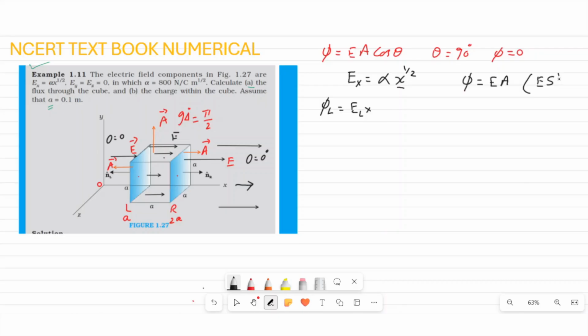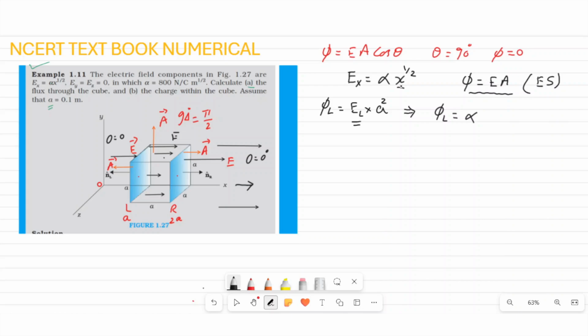So the electric field for the left surface is multiplied by the area of the left surface. This is a cube of side A, so the area will be A square. Move further. The flux for the left surface is equal to, now what will be the electric field for the left surface according to this formula? This will be alpha into the distance of the left surface, which is A raised to 1/2, multiplied by A square.